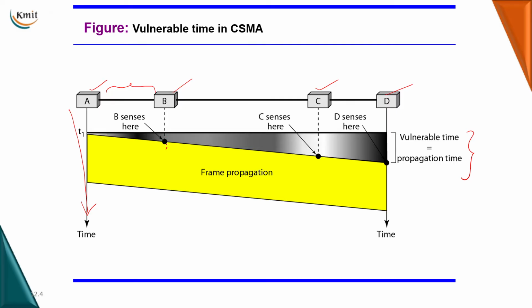Likewise, for the signal to propagate from A to C, at this particular time C will sense that A has sent a frame and the channel is busy, and D will sense it here. If in this propagation time any other station sends a frame, that will result in a collision. But if the station senses the channel before transmitting, it can avoid collision.